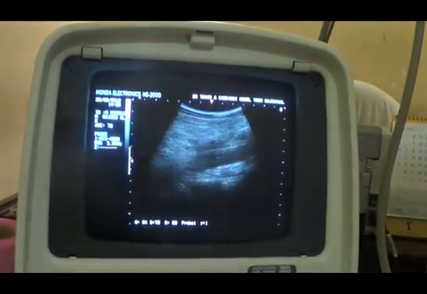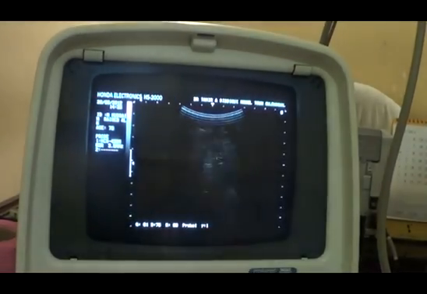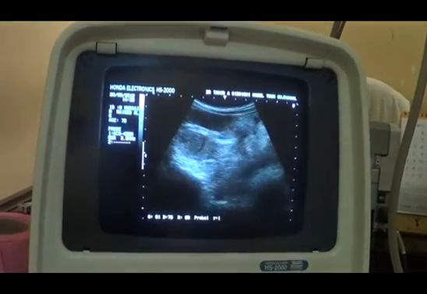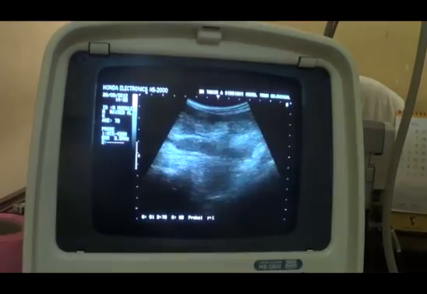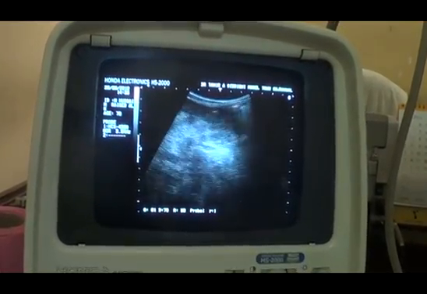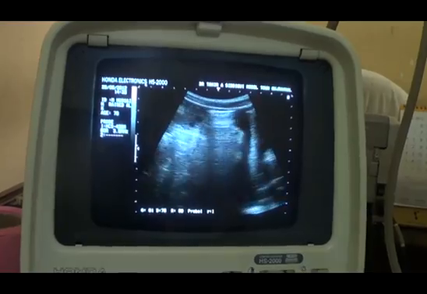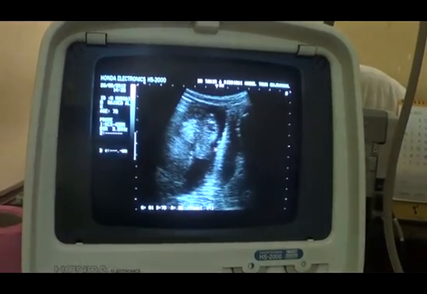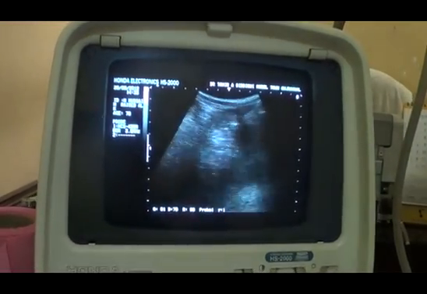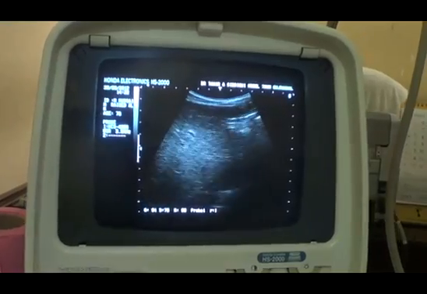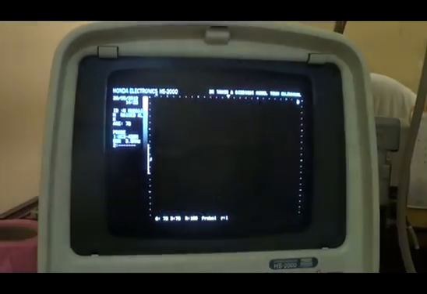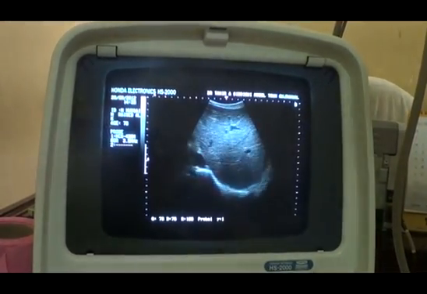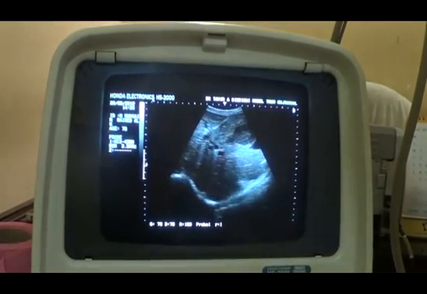There is no bowel related mass that we are seeing. This one is the urinary bladder. Okay, now coming back: no intrahepatic bile duct dilation, no common bile duct dilation, liver otherwise normal by all parameters.